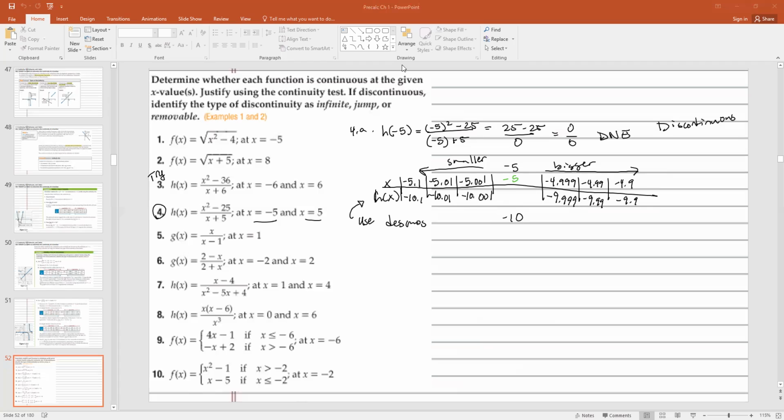Okay, looks like they're approaching the same number. All right, that means that the limit of f of x as x approaches c does exist.